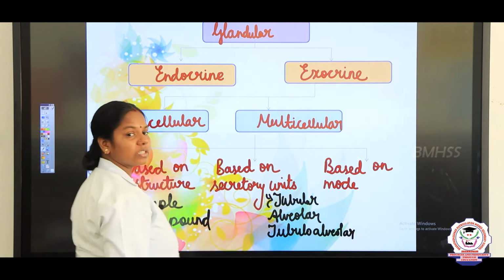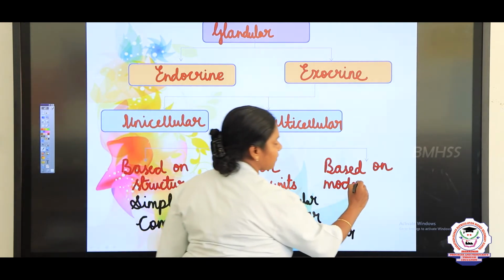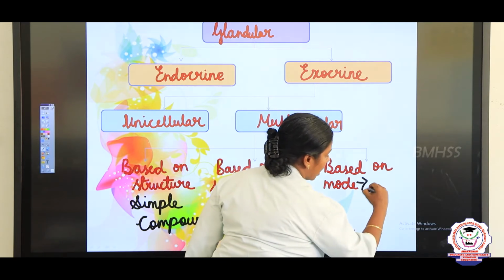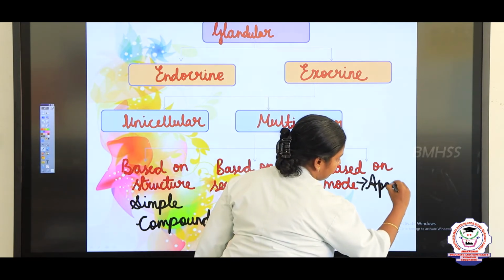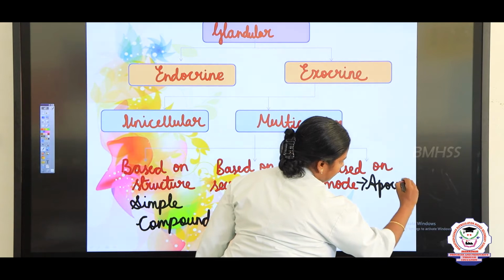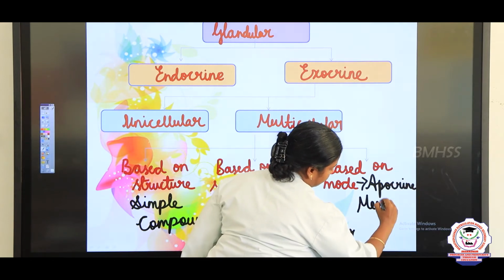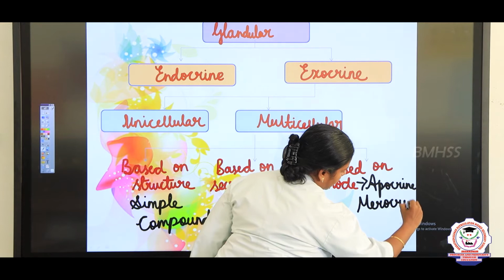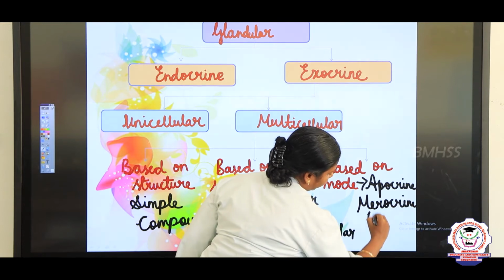And again, based on their mode of secretions, they are divided into apocrine, merocrine and holocrine.